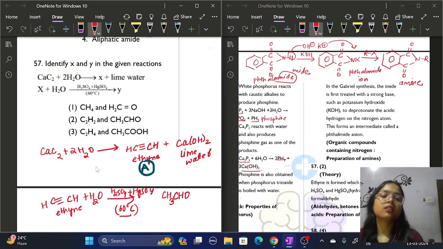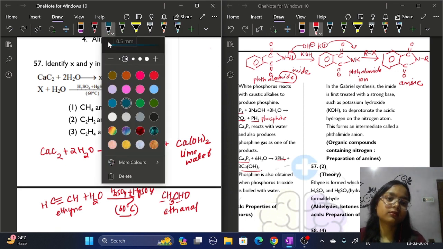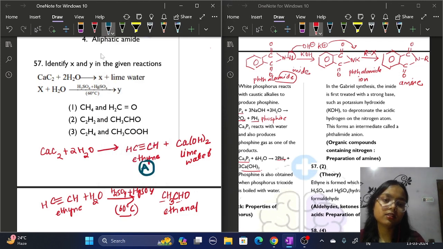Okay, so what is this molecule called? It has two carbons, and it is an aldehyde. So it is ethanal, and this is Y. Okay, and this is X.